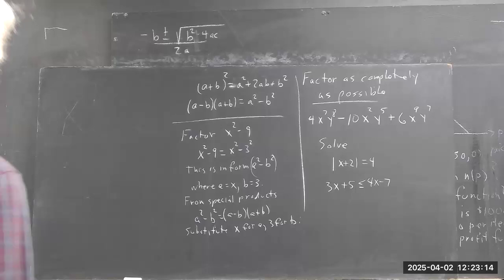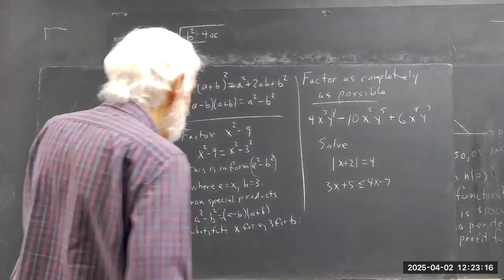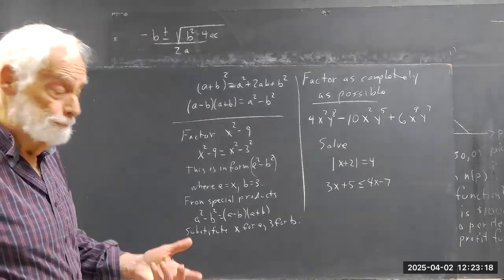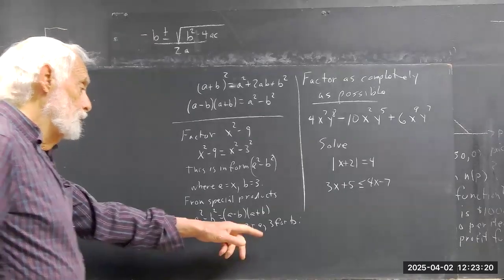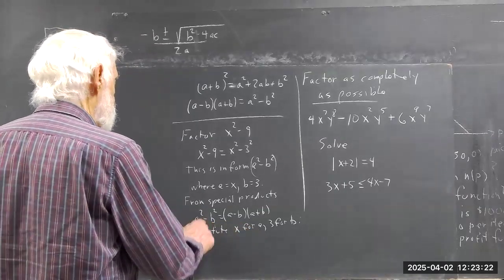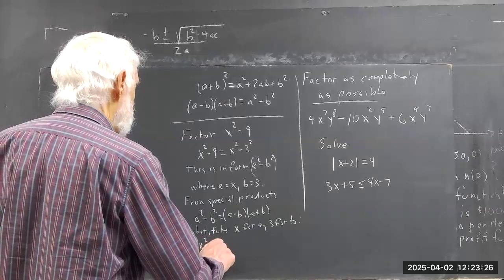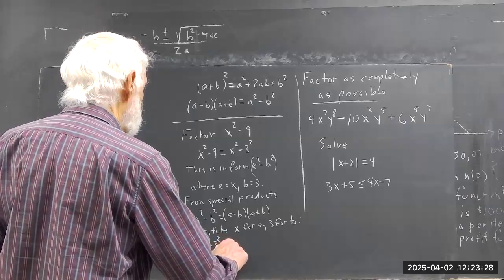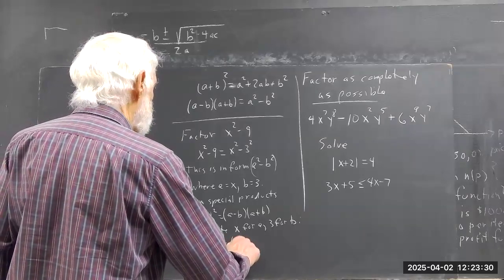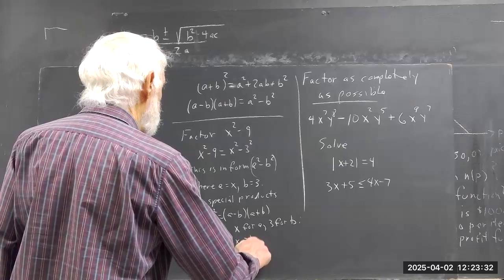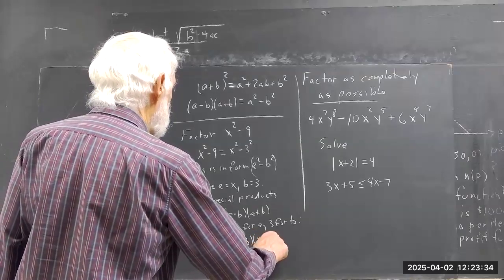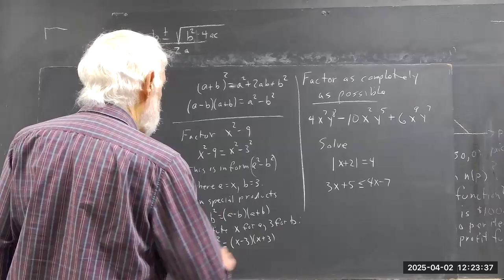Okay, now I was curious about this, but we're out of time, but I wanted to think about it for a minute. Okay, but we substitute x for a, 3 for b, we're going to get x squared minus 3 squared equals x minus 3 times x plus 3.